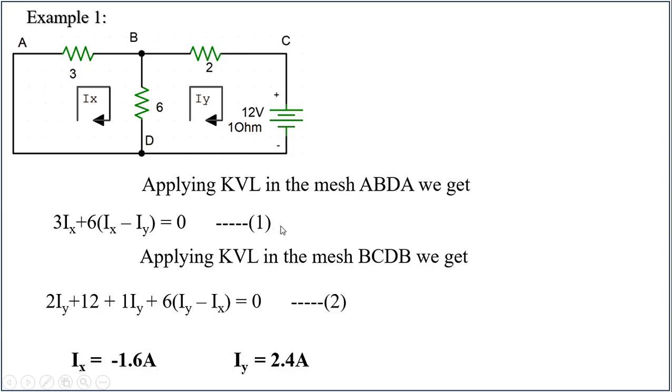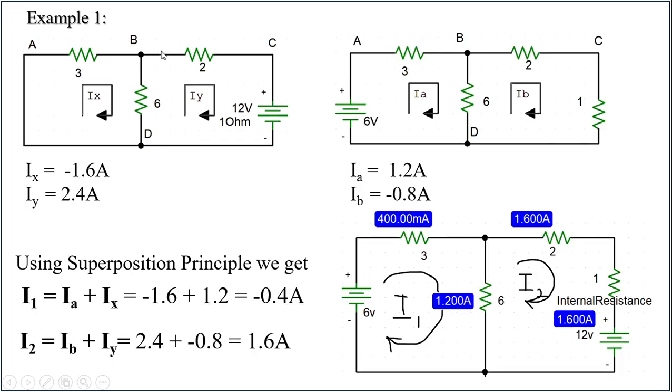Now according to the superposition theorem, if I add Ix and IA, I will get I1. If I add Iy and IB, then I will get I2.